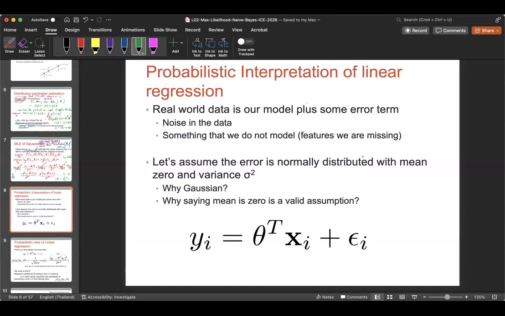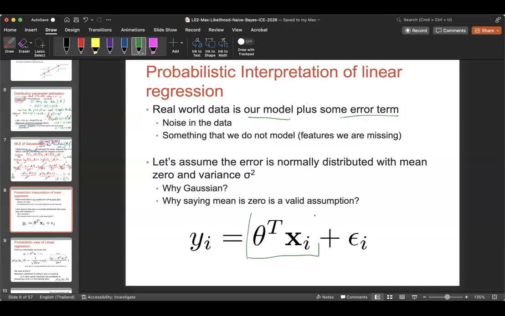How would we do it? First, we want to think about how we view our linear regression model as a probability. We can say let's assume that we're modeling the world as some model, our model, plus some error term. What do I mean?